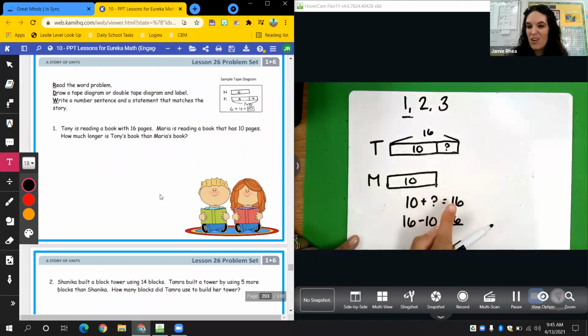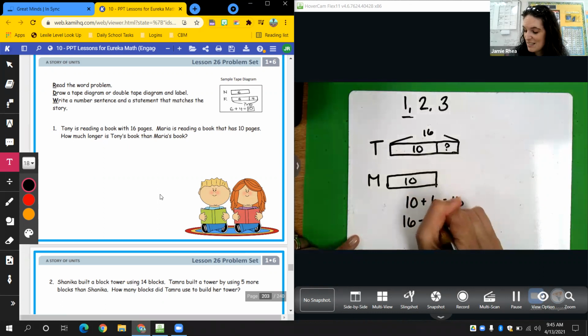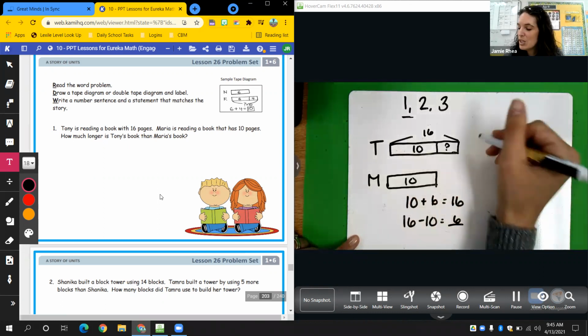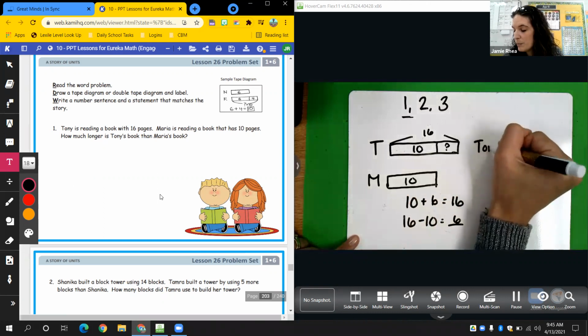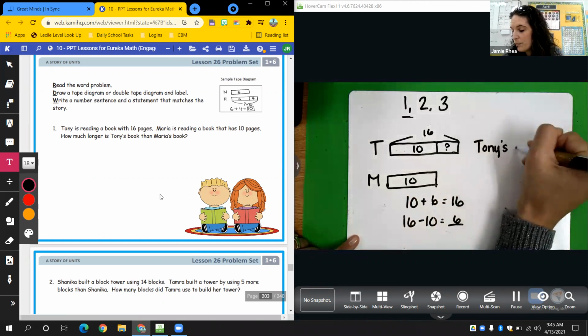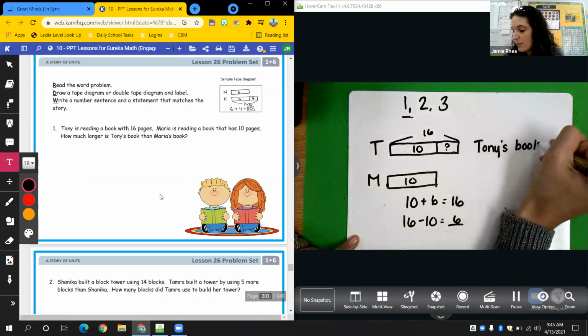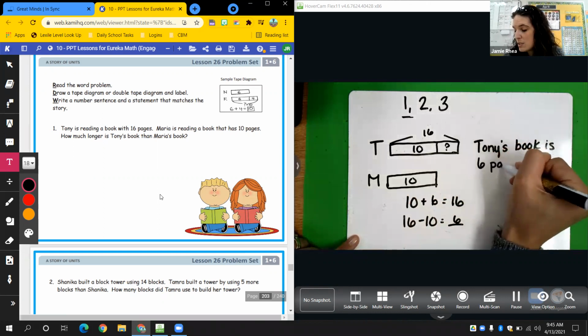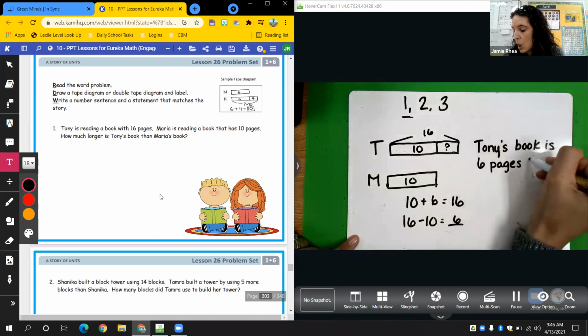If I count on, how many more do I need from 10 to get to 16? Just 6. So how much longer is Tony's book than Maria's book? Tony's book is 6 pages longer.